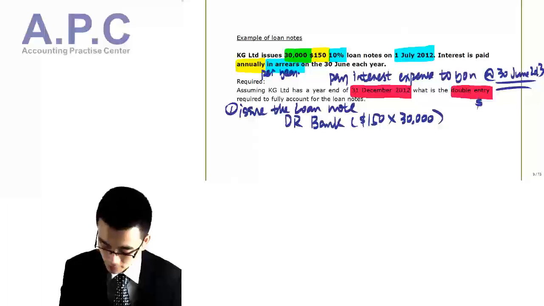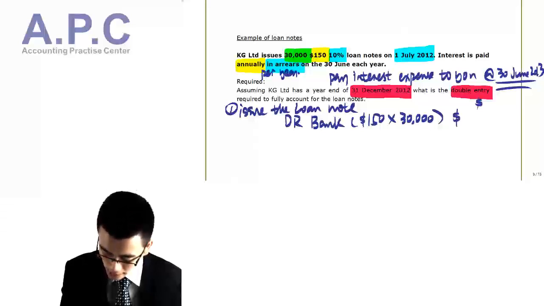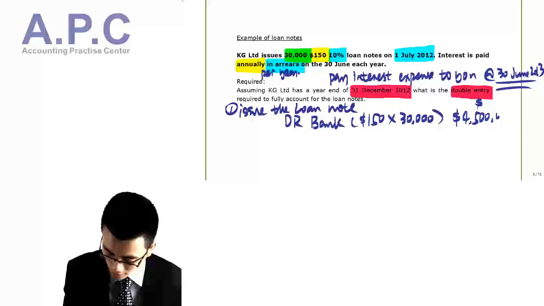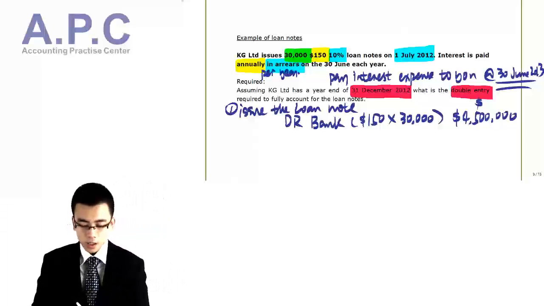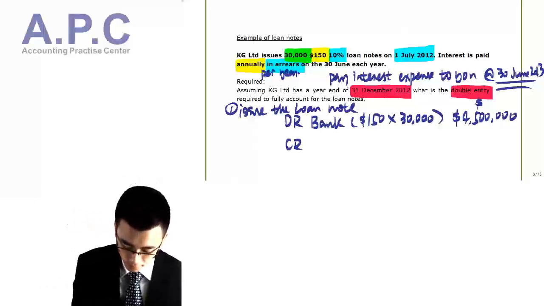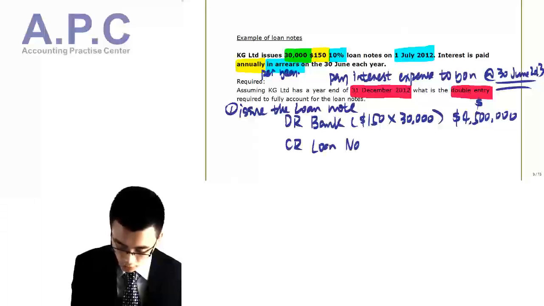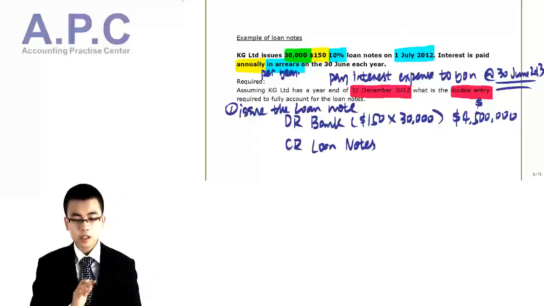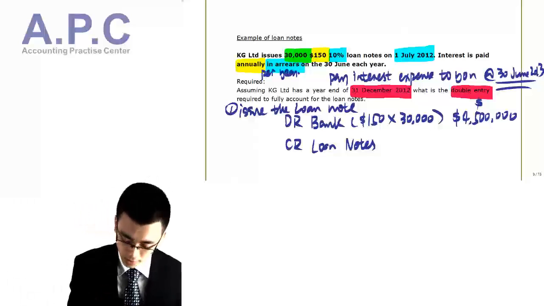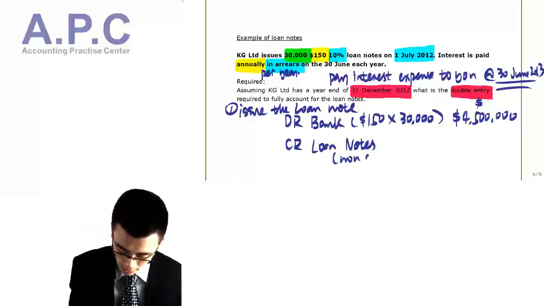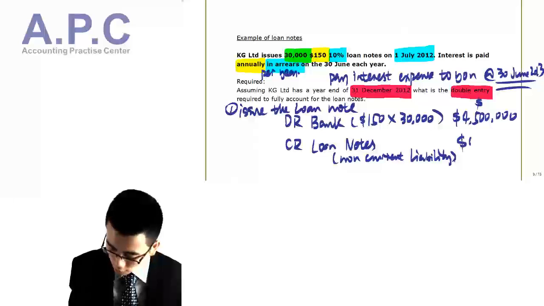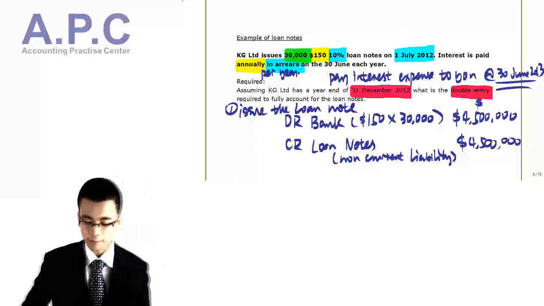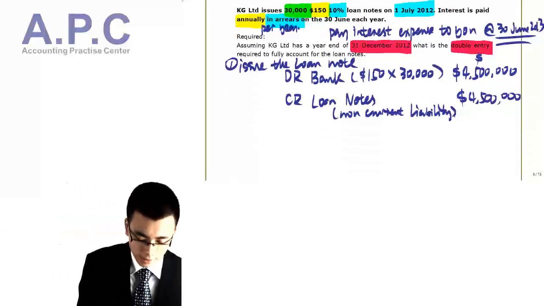Debit bank $4,500,000. Credit the loan notes as a non-current liability, which is more than 1 year, $4,500,000.